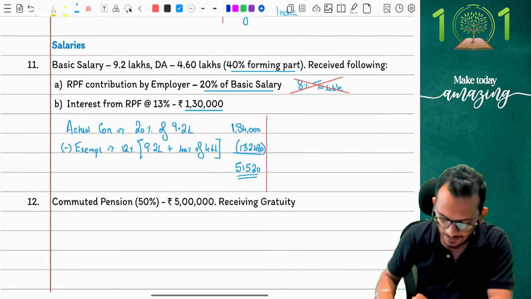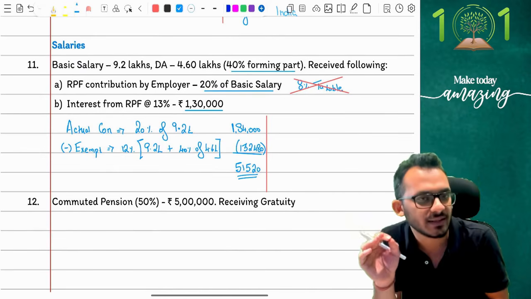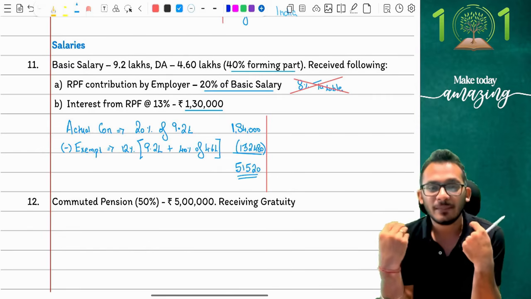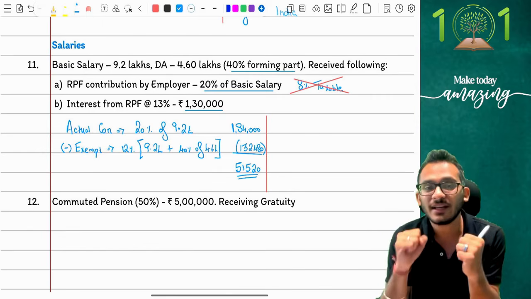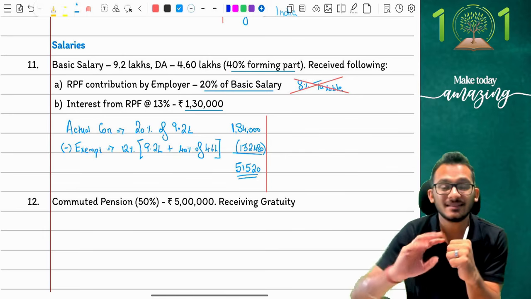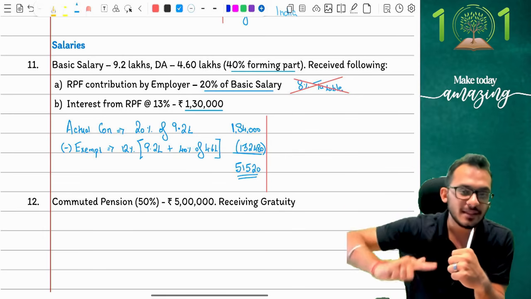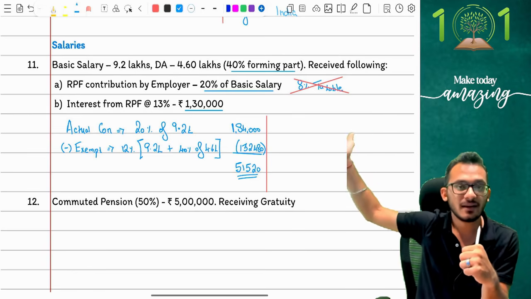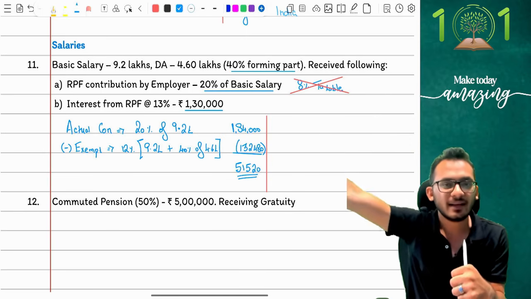Now coming to the interest part. This is the next mistake which students make. People are aware that you are exempted up to 9.5%, but they don't use their head. They don't understand what 9.5% means. Look very carefully. 9.5% is the interest rate, which means mistakes you're going to make. Mistake number one, you will say, Rahul, 13% number is given, so let's do 9.5% of 1,30,000.